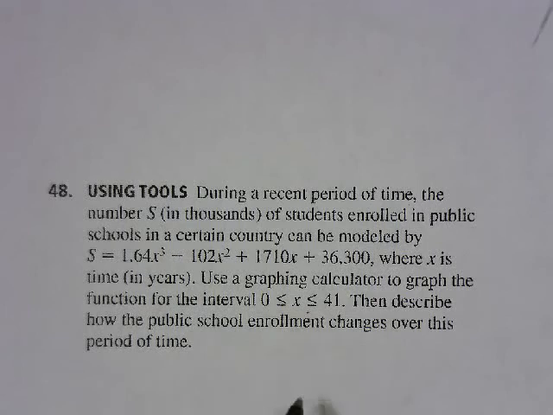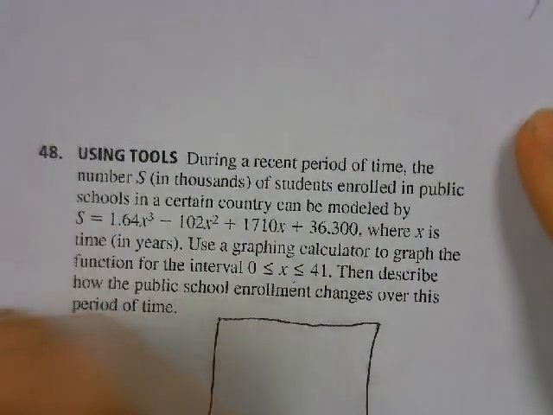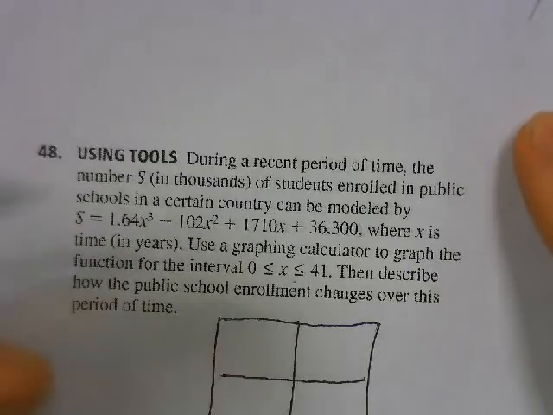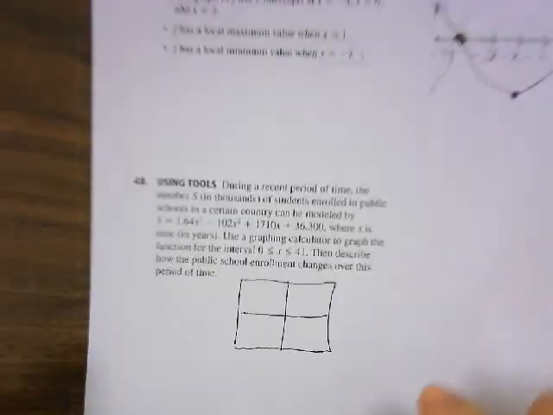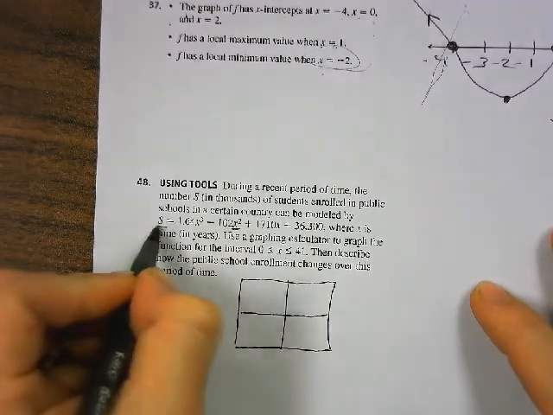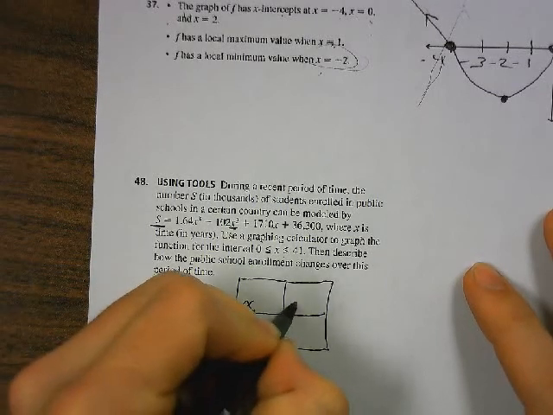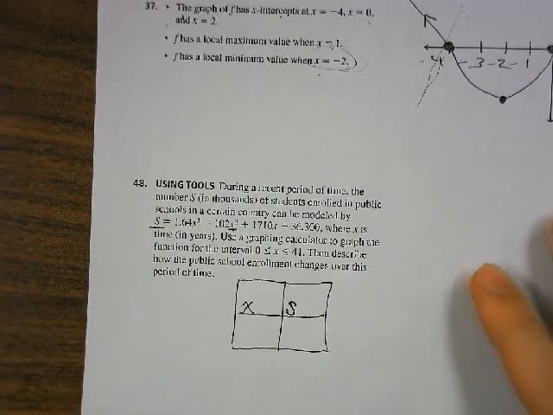So come underneath here, draw a 4x4 box, and then take a look at your two variables. You've got the x variable in here and the s variable over here. So just like a coordinate point xy, we're going to write x and s. Your x variable, they tell you, is the time in years. So that goes time in years.